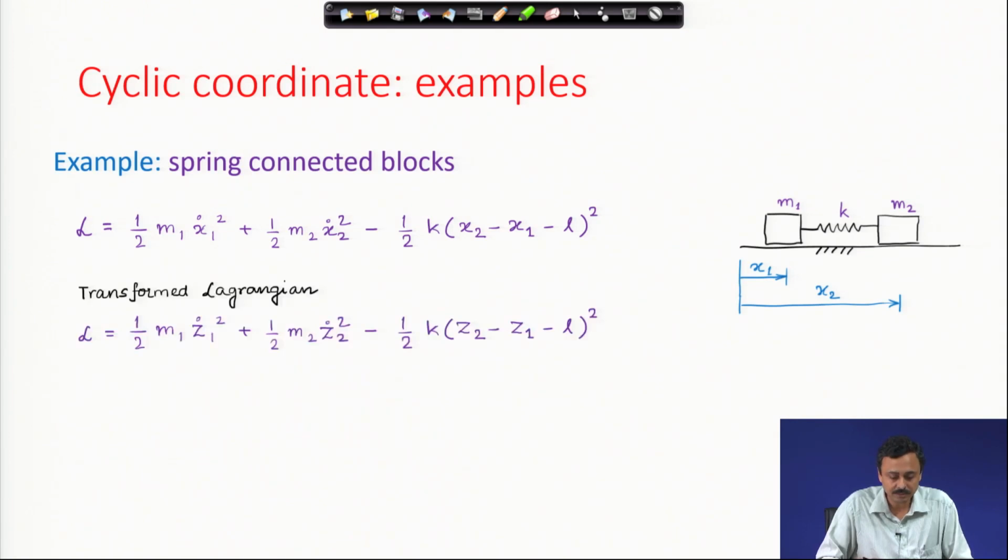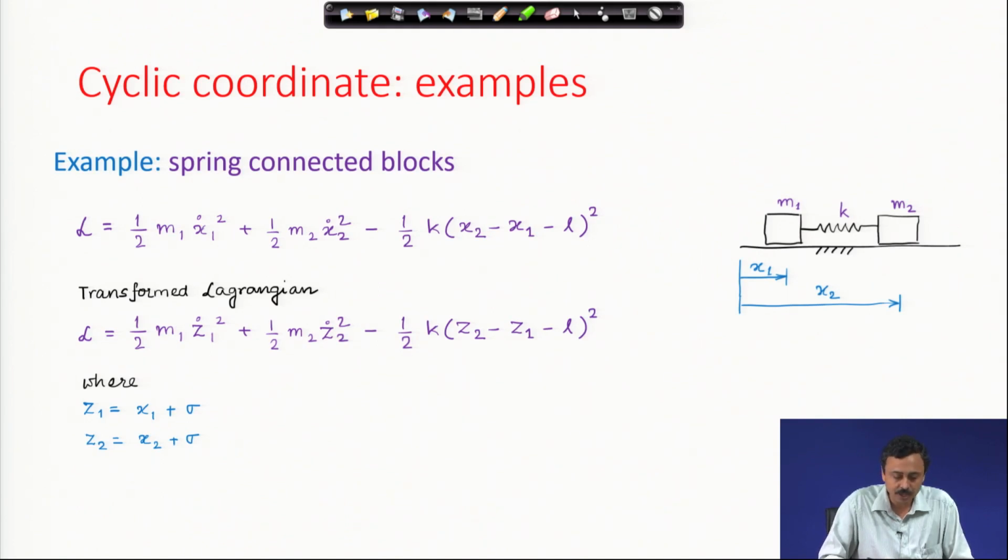Let us try a transformation to z 1 z 2 space, where z 1 is our original x 1 plus sigma and z 2 is our original x 2 plus sigma. It satisfies our requirement, because if you put sigma as 0, then you will find z 1 going to x 1 and z 2 going to x 2, as we desire.